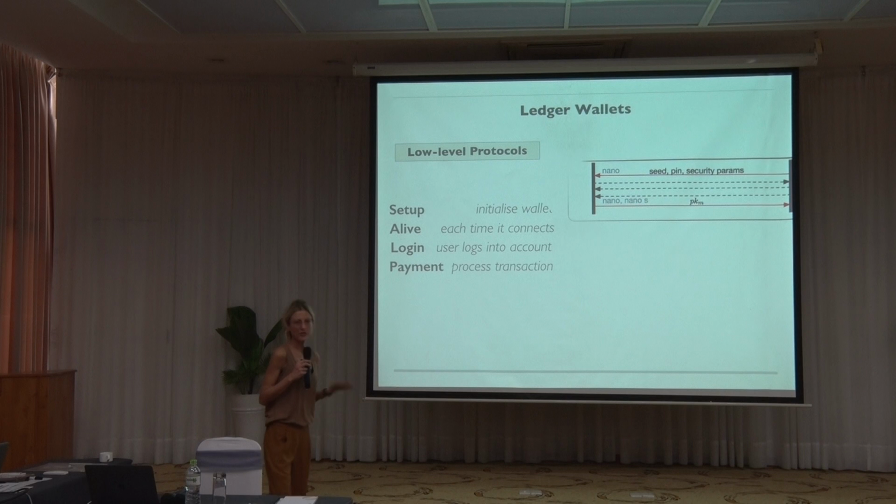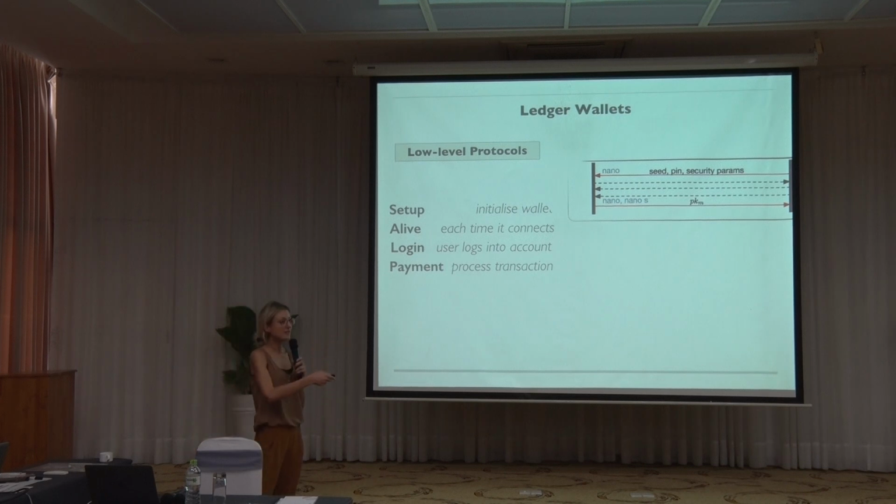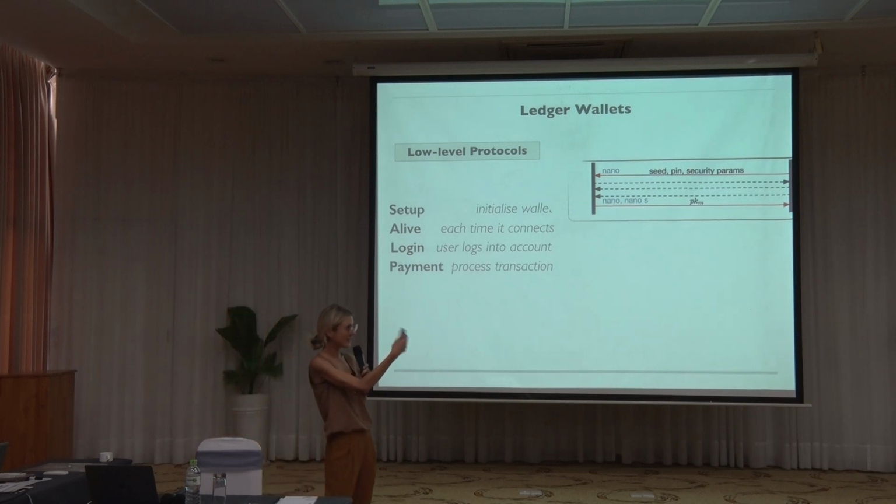And we expect the device to generate the keys. We expect the device to generate the master seed. Well, it doesn't. The API actually generated the master seed, sent it to the device in clear, also sent the user's PIN and set up the security parameters of the wallet.